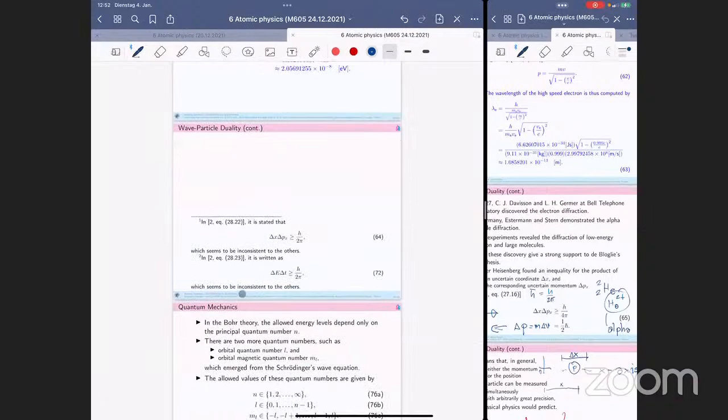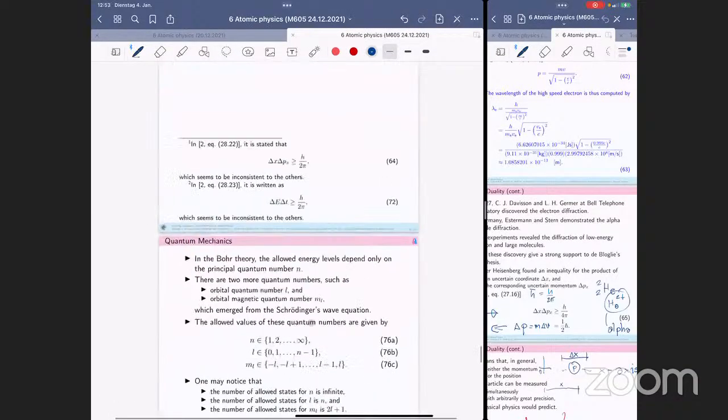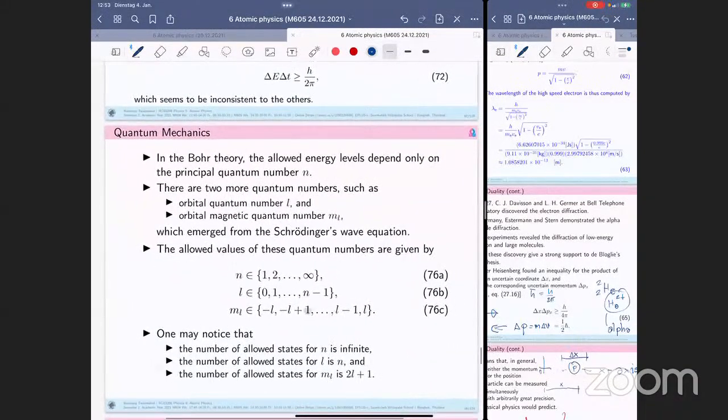Now we move to another topic, which is called quantum mechanics. The Bohr theory has already addressed this before. We have already seen the Bohr atomic model. The allowed energy levels depend only on the principal quantum number n.